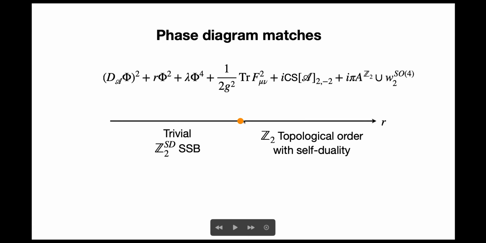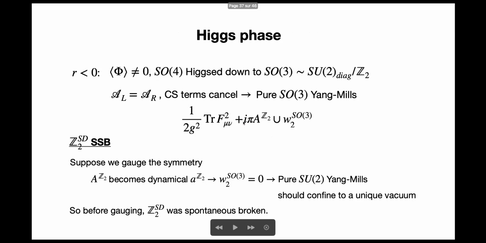Is there a way to see more directly that SO3 Yang-Mills theory has two degenerate vacua? Oh, we don't know that. We do rely on this gauging. But this is typically the reason for the two-fold degeneracy. Yes, this is in the trivial phase. Well, it's a discrete symmetry that is spontaneously broken.